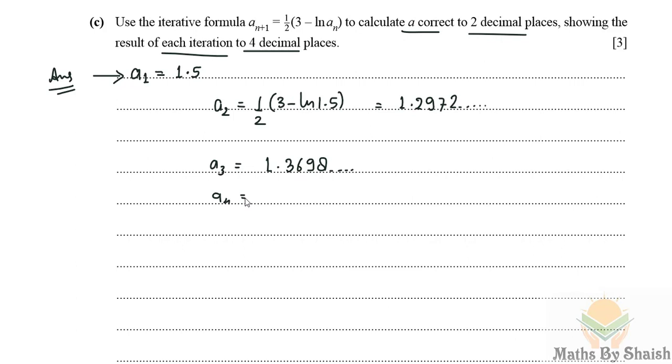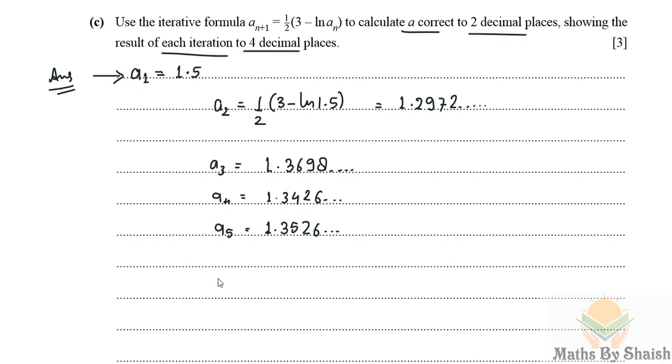The fourth iteration, again by pressing the equals button, we'll get 1.3426 and so on. a5 is equal to 1.3526 and so on, and we can see the pattern, it is revolving around 1.35.